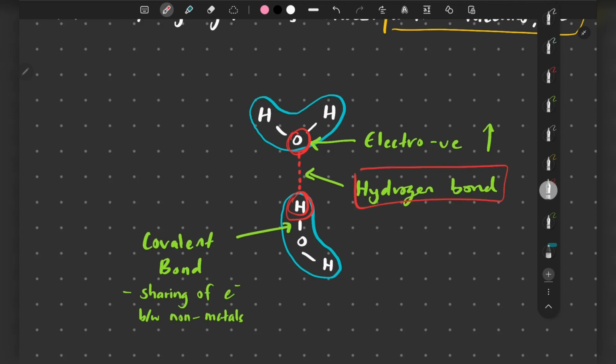So basically, the hydrogen bond must occur between two molecules or more. A hydrogen bond cannot form in the molecule. It must be with another molecule. So this is the first molecule and the second molecule. The oxygen atom of the first molecule forms a hydrogen bond with the hydrogen atom in the second molecule. You get me?